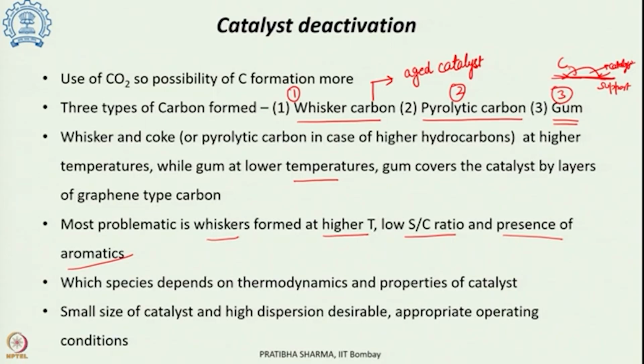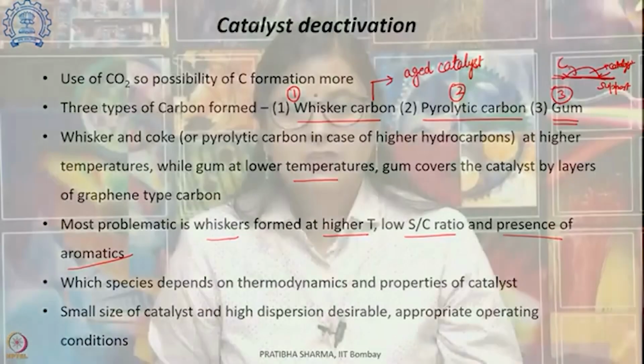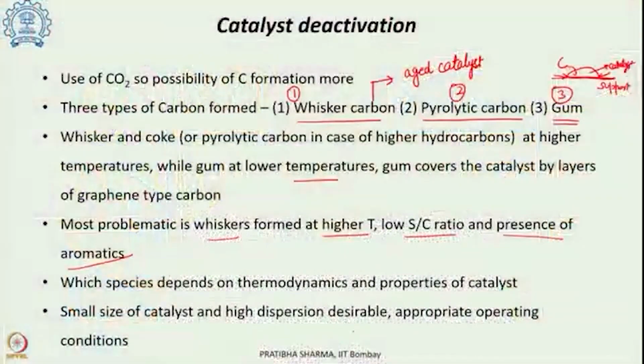If a small size of catalyst with high surface area is used, we know that if the dispersion is higher, then the coke formation will be lower. So, small size of catalyst and high dispersion is desirable to reduce the coke formation, and we require appropriate operating conditions, temperatures and pressure, so that the catalyst deactivation is lower.